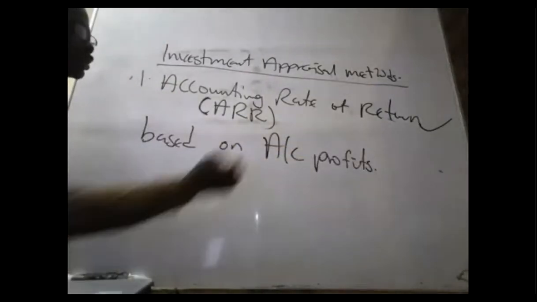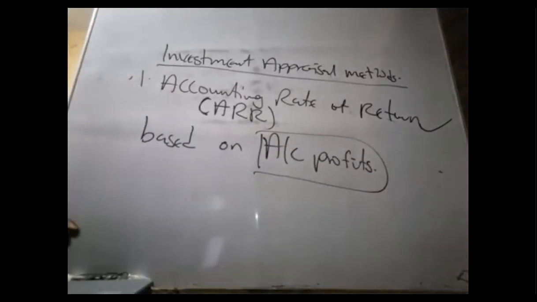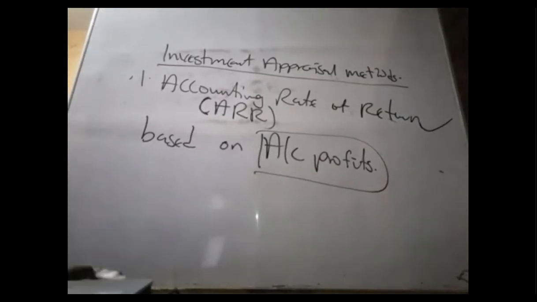That is why we call it accounting rate of return. It uses accounting profit. We measure projects based on the accounting profit. Okay, basically, that is that.